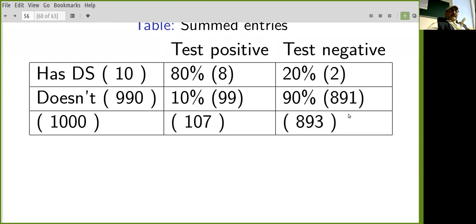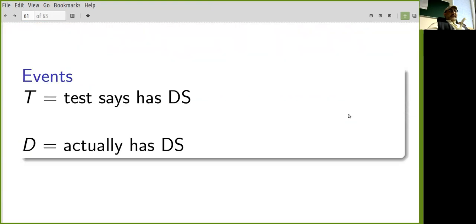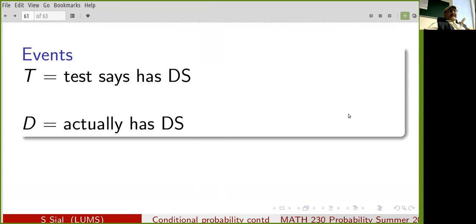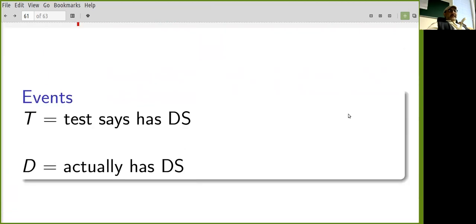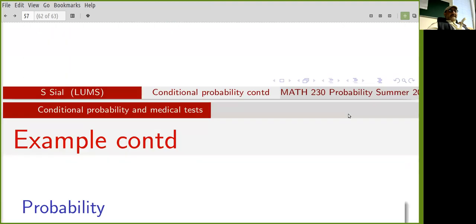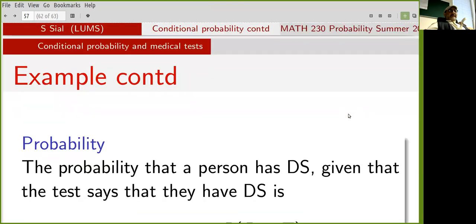And so now, let's say the T means that the test says that you have DS. So the test is saying that you have DS. And D is the event that you actually do have DS. Okay.